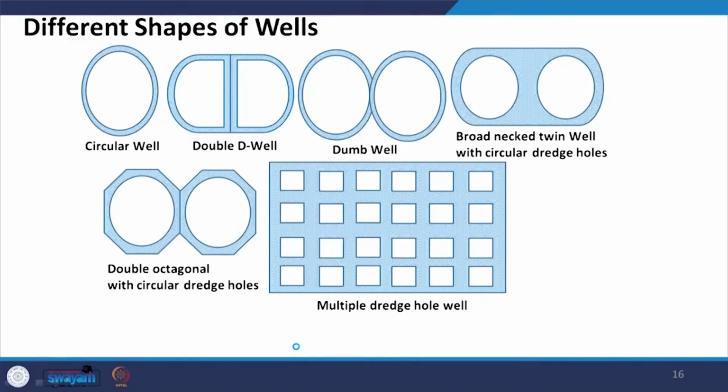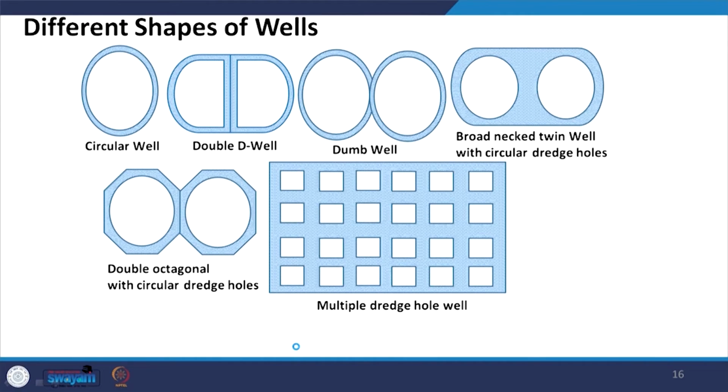So, let me show you some figures first. These are the different shapes of wells, though the first one, which is circular, looks a little elliptical. So, this is the circle, then you have the double D well, then the dumbbell, and then the broad neck twin well with circular dredge holes, then octagonal with circular dredge holes, and the multiple dredge hole well.